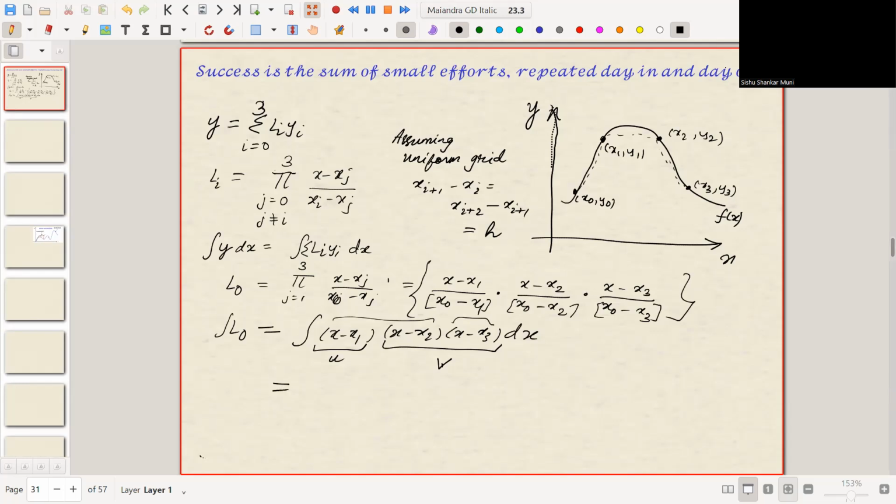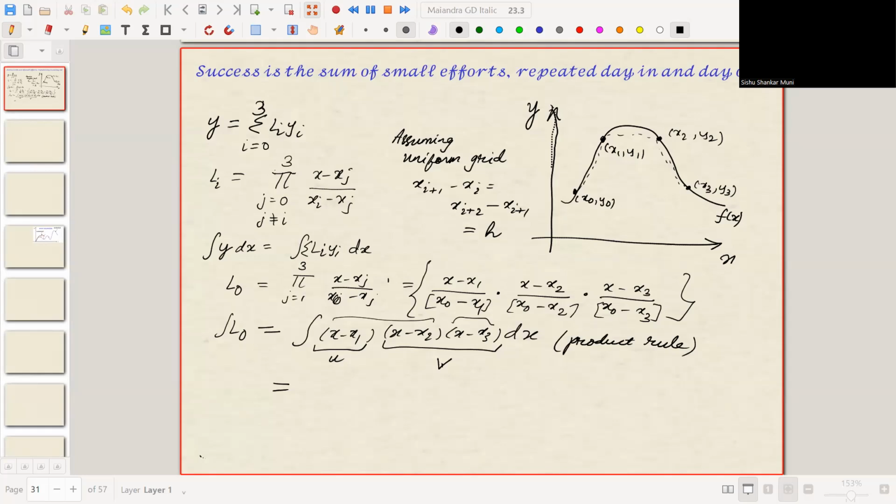So we will use the product rule of integration. I will just write what I already have solved with me. You can match, but it's going to be a bit messy.